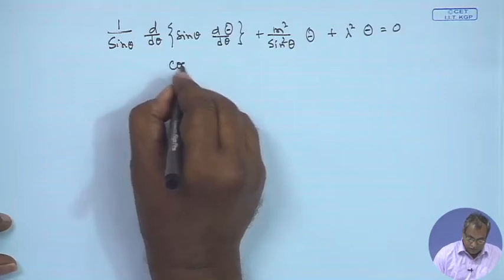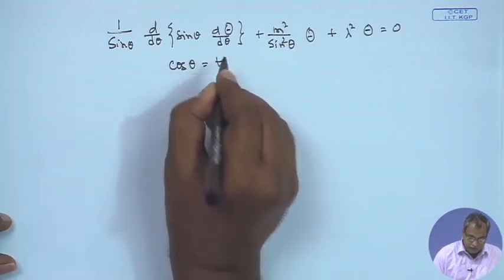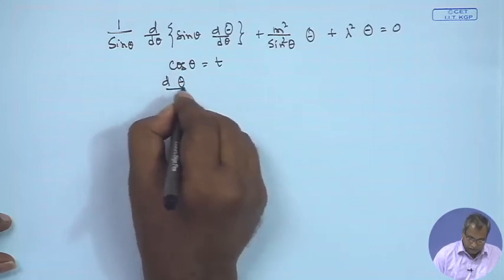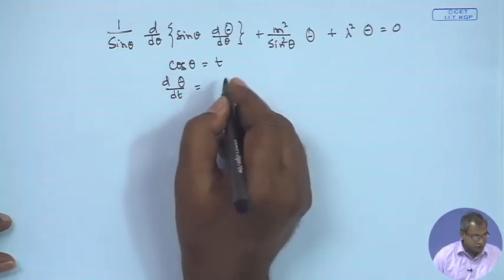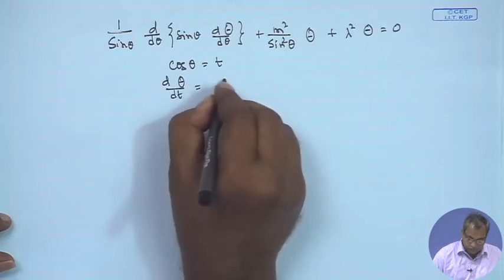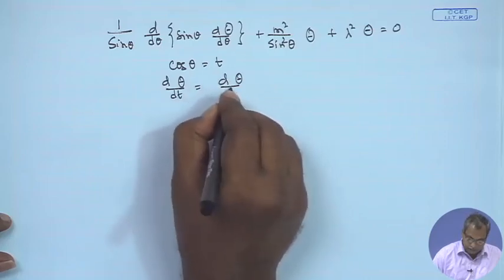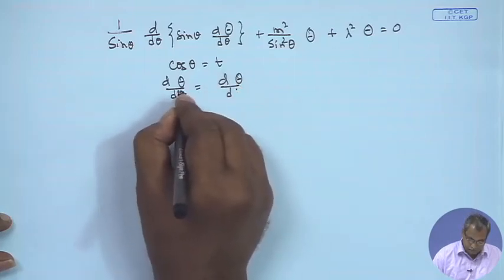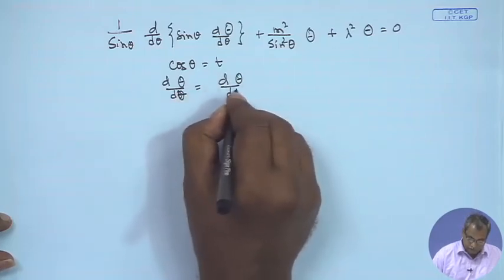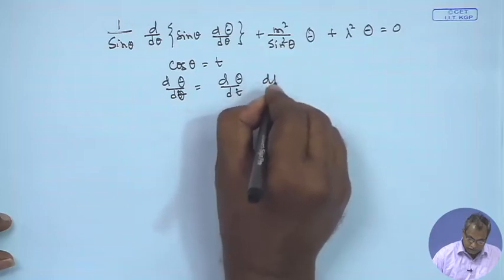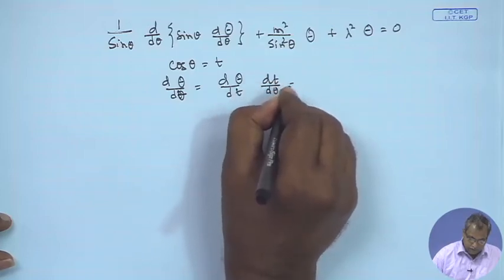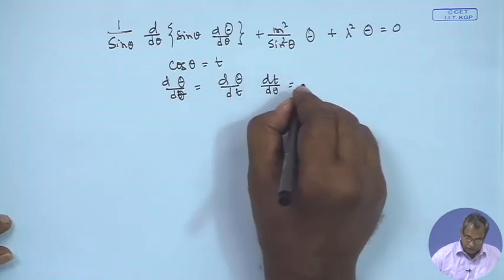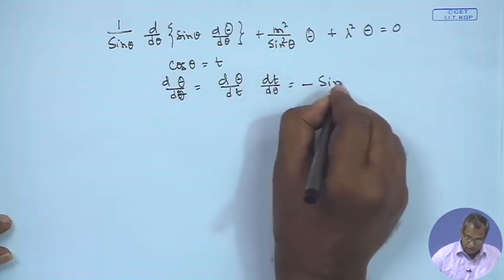Then we substitute cosine theta is equal to t, and let us see what d theta/dt is in terms of t. So dt/d theta will be nothing but minus sin theta.